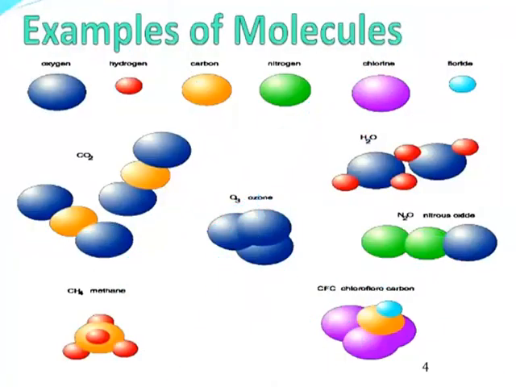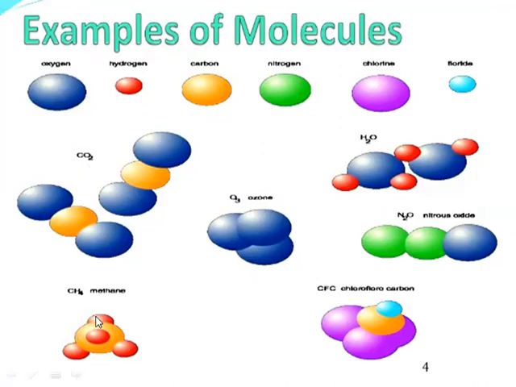Examples of molecules. If we consider oxygen, hydrogen, carbon, nitrogen, chlorine, and fluorine as the atoms, these atoms combine in different ways to form different substances around us, which can be elements or compounds. For example, carbon and oxygen atoms combine to form carbon dioxide gas.